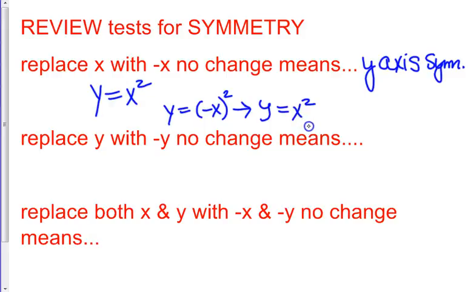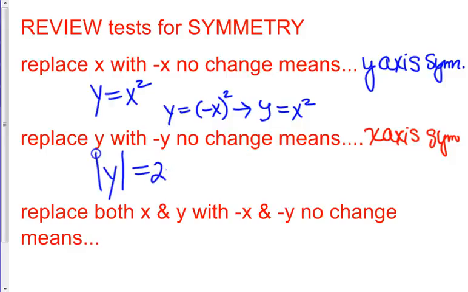All right. What is this test doing, guys? Replace y with negative y. Okay, this is x-axis symmetry, and it's actually not a function. But it might look like absolute value of y equals 2x plus 7. Because it doesn't matter what I put in for y, it's going to become the same number, right?